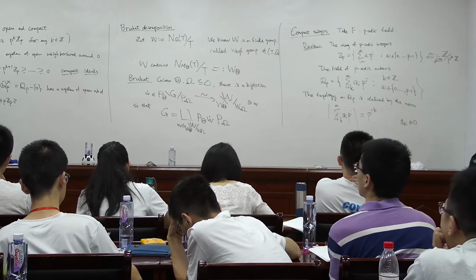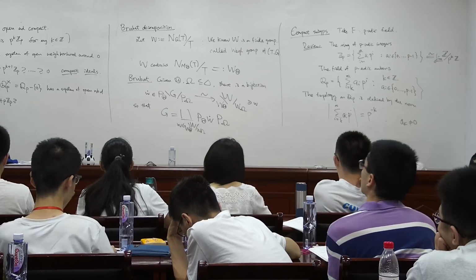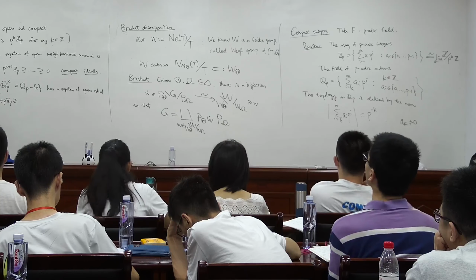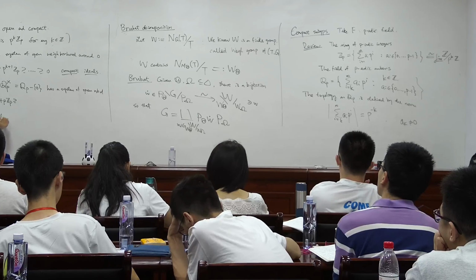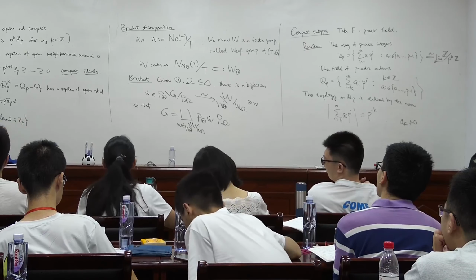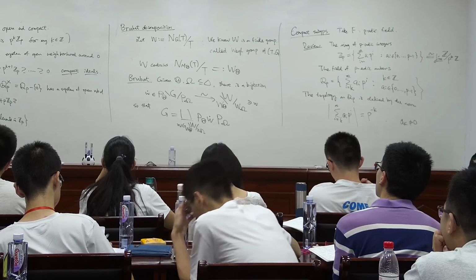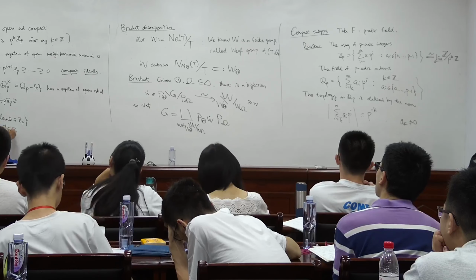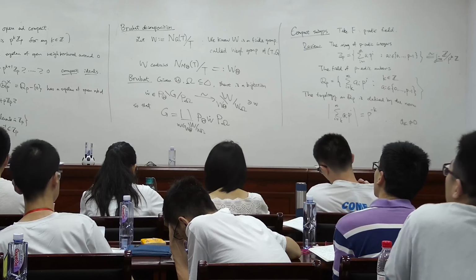By the way, don't get confused: this Z_p cross is not Z_p minus 0. Z_p cross is the invertible elements in Z_p. That means if x is in Z_p, then its inverse in Q_p is also in Z_p. So this is Z_p cross.